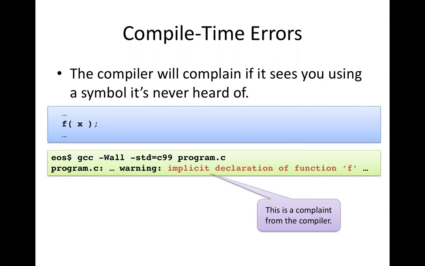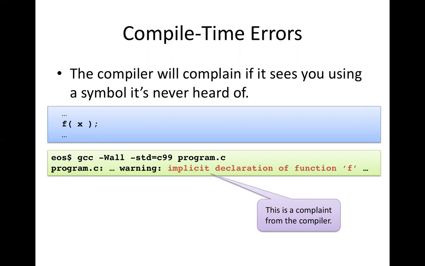On a bigger project that is split between multiple source files, we might start getting error messages from the compiler. And what I'm trying to say here is it is worth it to be able to tell the difference between compile time error messages and link time error messages.